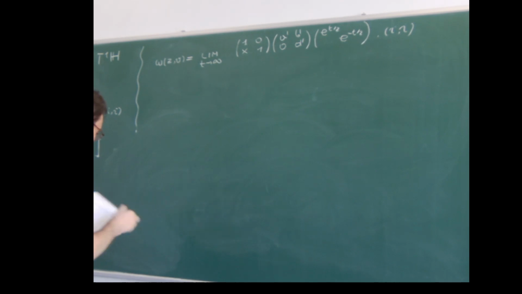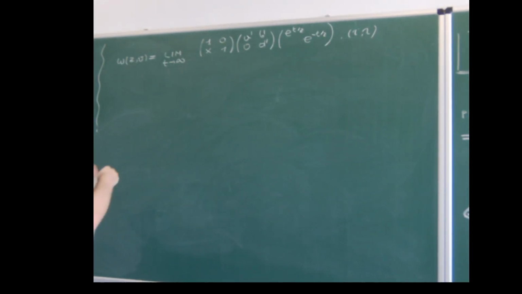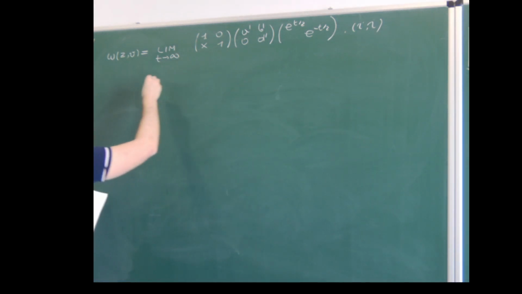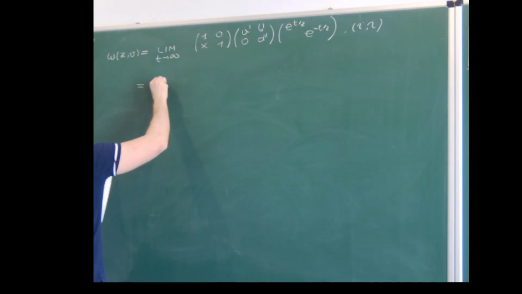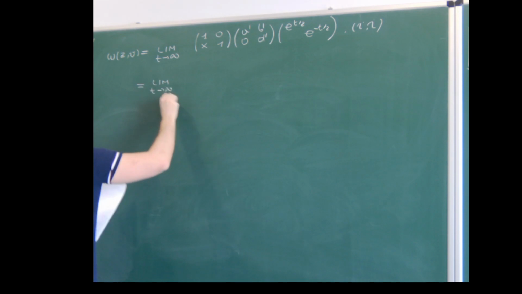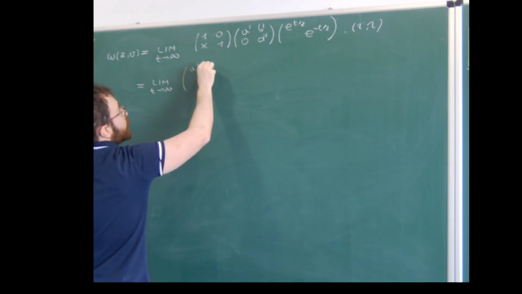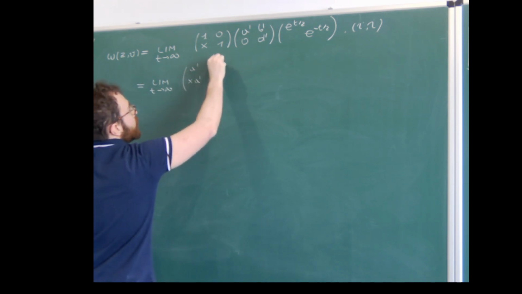And let's see, what did I do? Okay, no, this is just a direct computation, right? So this is just the limit for t tending to infinity of, if you take the multiplication, a prime, b prime, x, a prime, b prime.